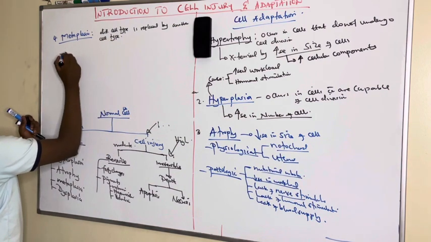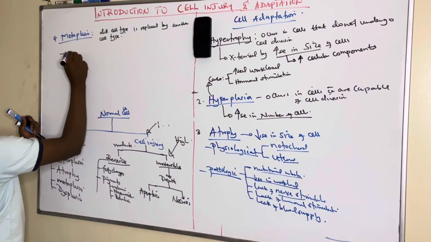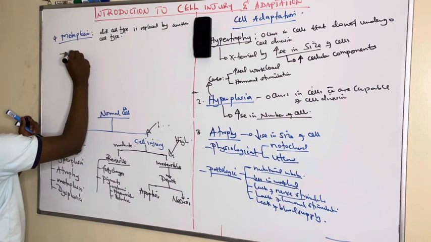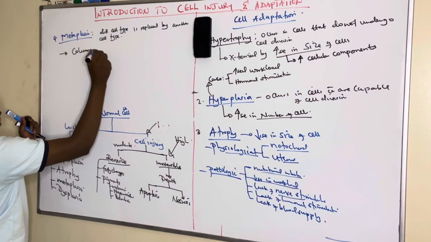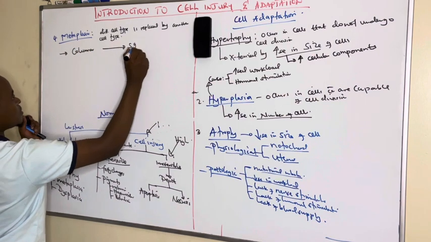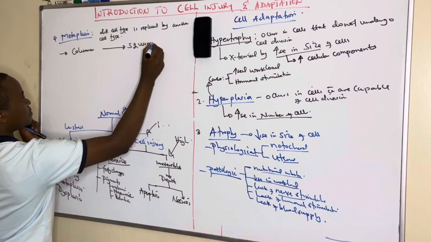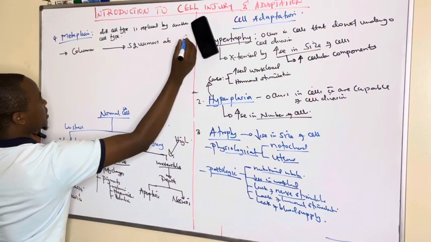And the common example in metaplasia is the replacement of columnar epithelium by squamous epithelium at the cervix, or the cervical area.